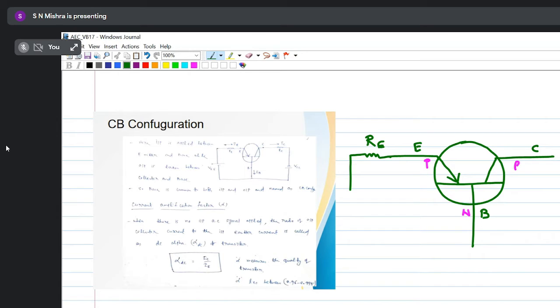Then the P side should be connected to higher potential, the N side to lower potential, and I'm naming this VEE. The potential difference between emitter and base, I can use one voltmeter to measure, and this will be VEB.